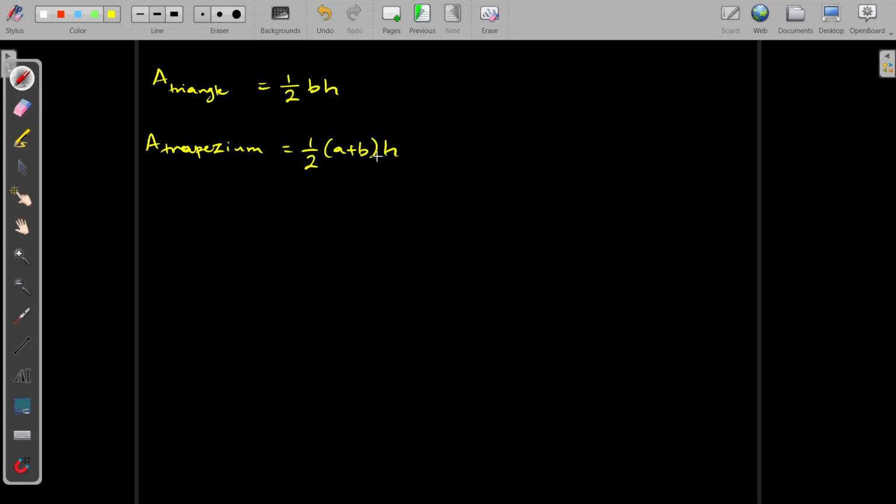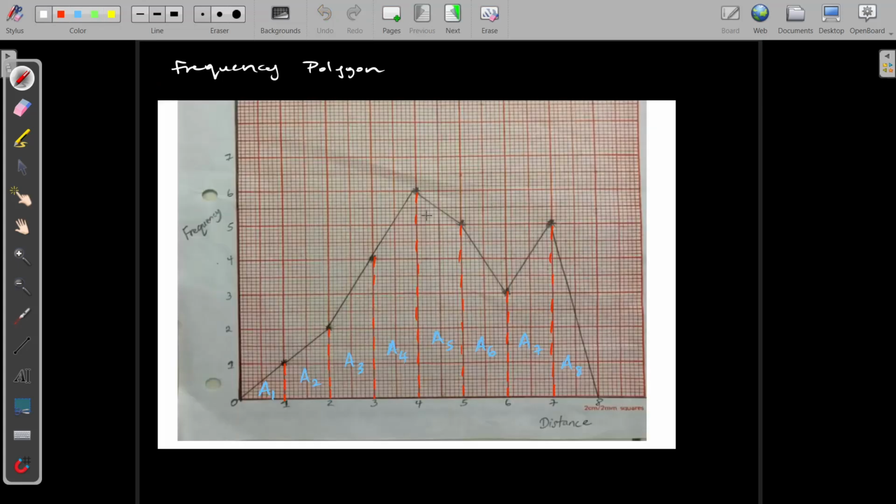So these are the two formulas that you'll be using when working with frequency polygons. So now we've established that we're working with a triangle here, and all trapeziums in between.